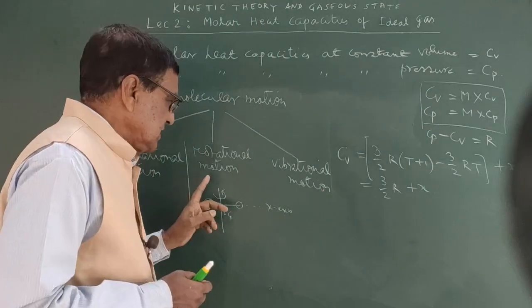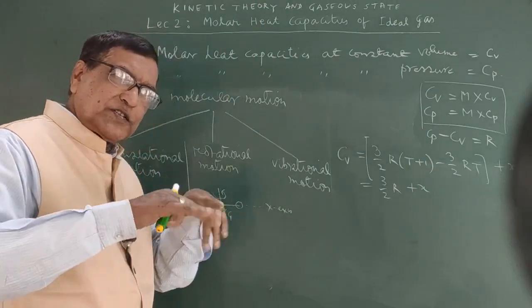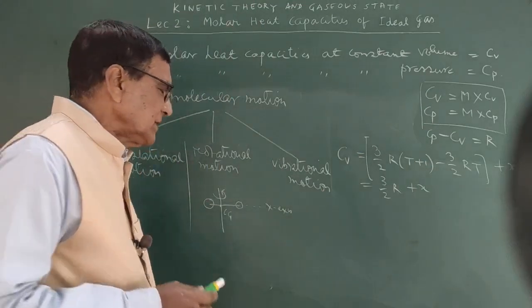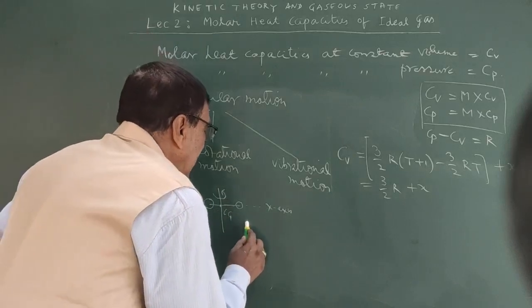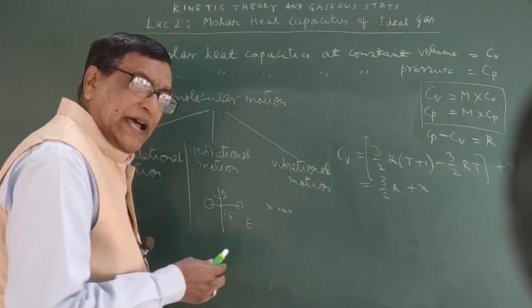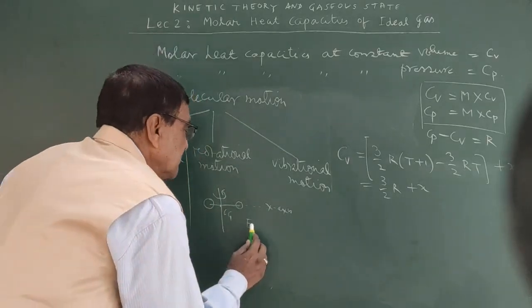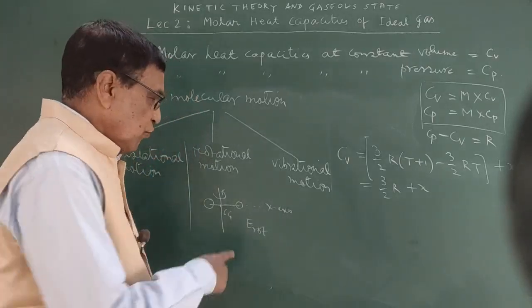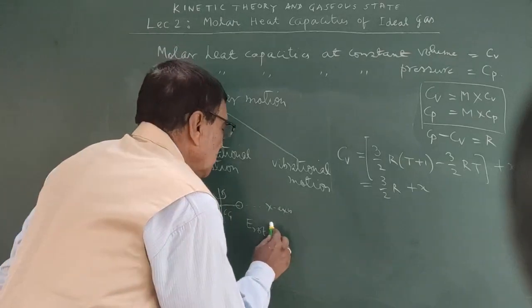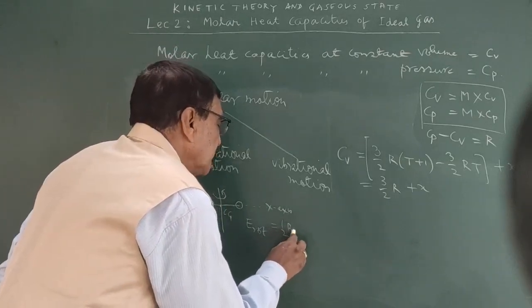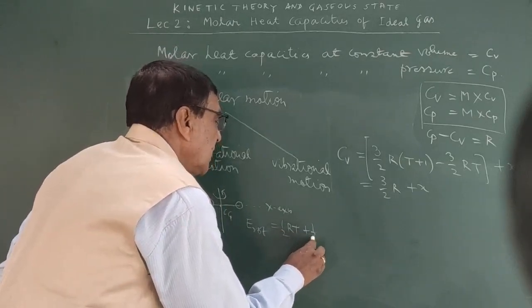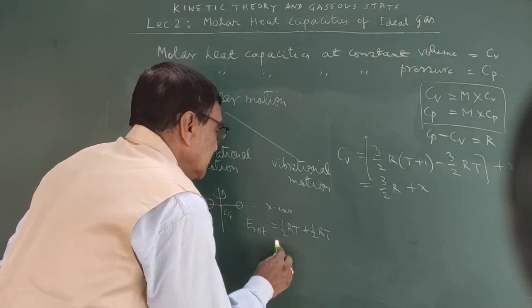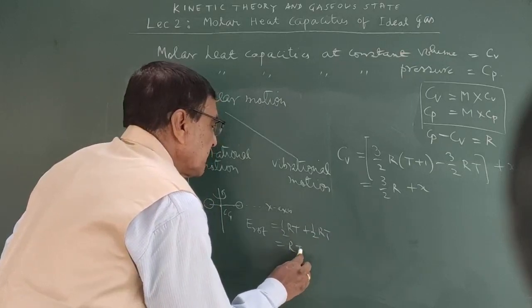So in two axes, for the diatomic molecules, the kinetic energy for rotation of 1 mole gas equals half RT plus half RT, and this is equal to RT per mole.